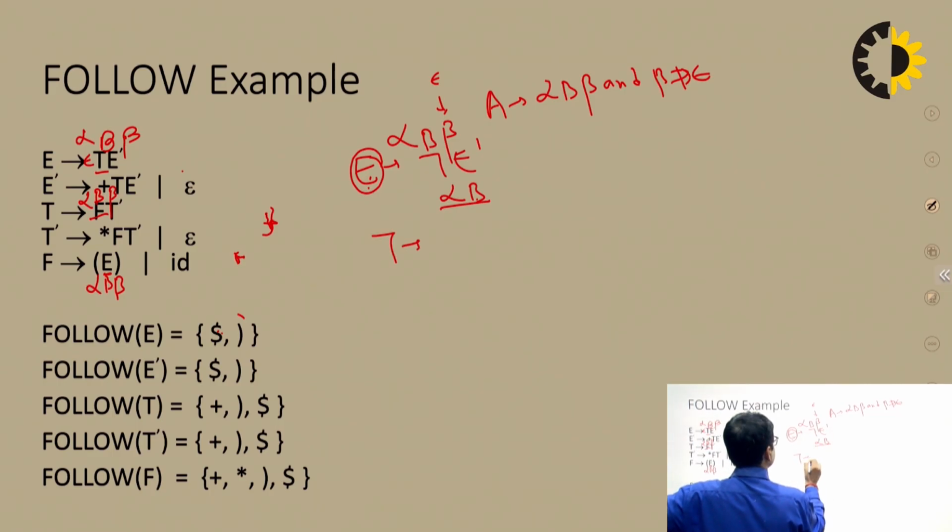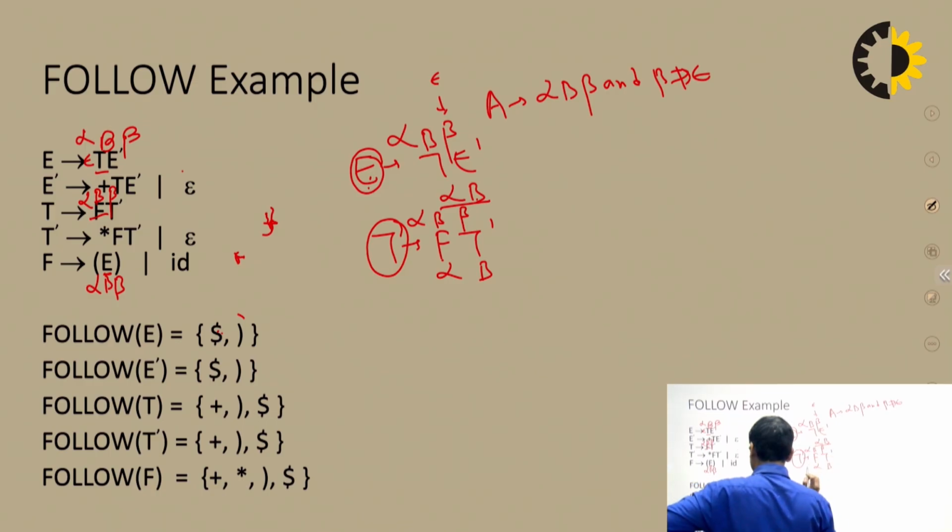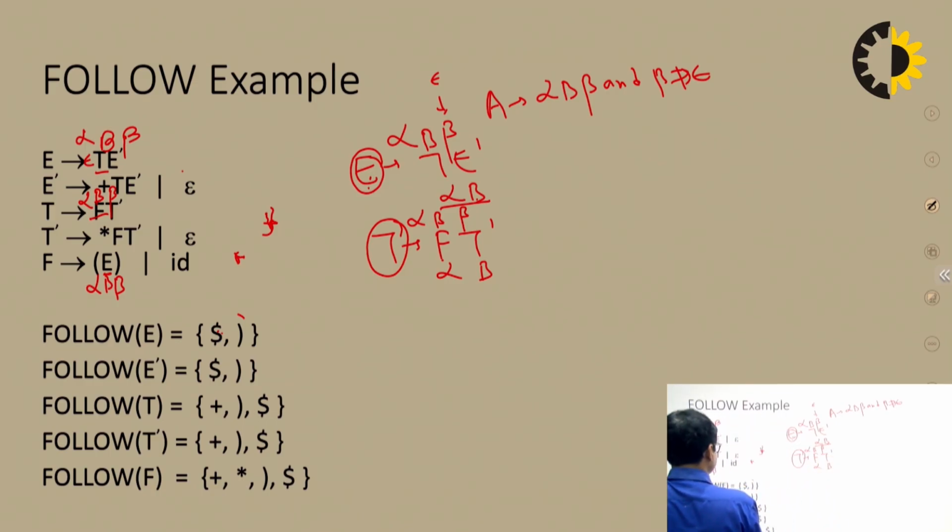Suppose you are using T produces F T dash, that is alpha B beta and alpha B. Whatever follow of capital T has would be added into capital F and also capital T dash. So the follow of T is plus, dollar, right parenthesis, basically by using that.